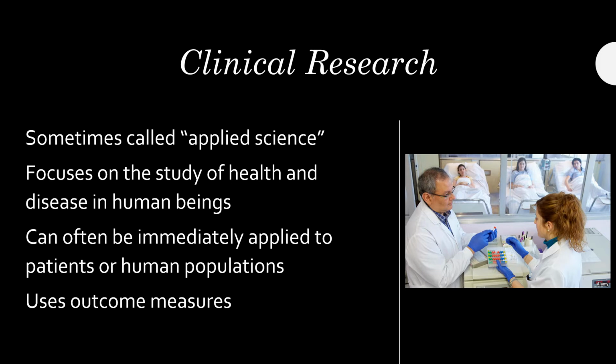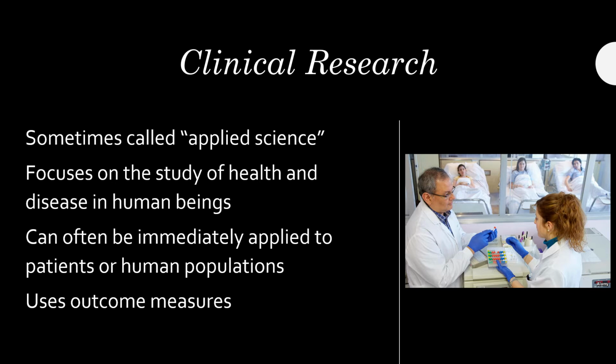Now, when we talk about clinical research, this is sometimes called applied science because we are focusing on the study of health and disease in human beings. And we're looking at things like treatments, we're looking at interventions, medications, application of certain types of treatment.